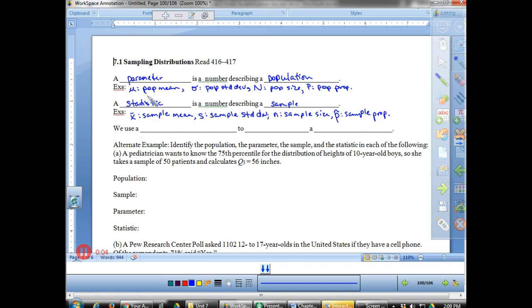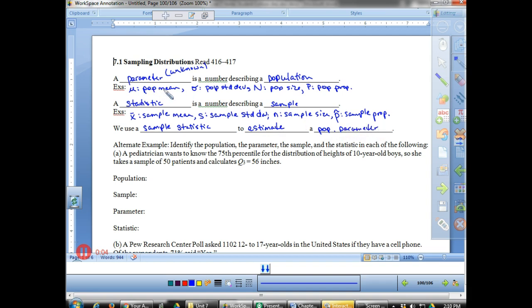So I tried to make a direct comparison between the sample statistic and the population parameter, because usually the parameter is unknown, and you usually use your sample statistic to estimate the population parameter. So we use a sample statistic to estimate a population parameter.